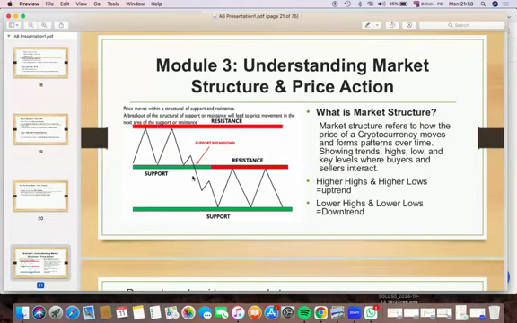Now, our resistance at times can be our support, and our support can also be resistance. In what case would that be? When a previous support is broken below, there will be a new resistance.